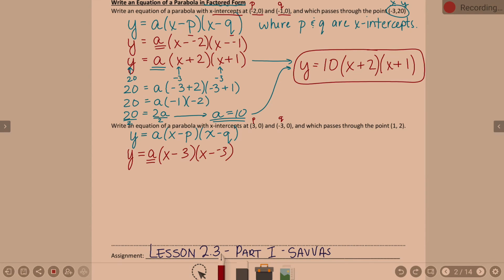Okay. So right now I have y equals a times x minus 3 times x plus 3, yes? Minus negative 3 is plus 3. What do I know? In order to find a, we can use our other ordered pair as 1, 2.